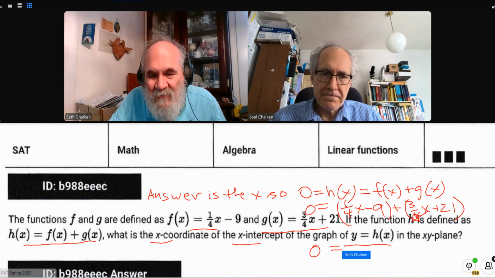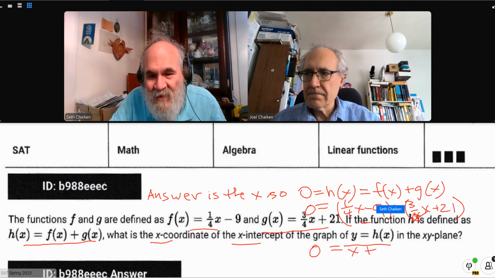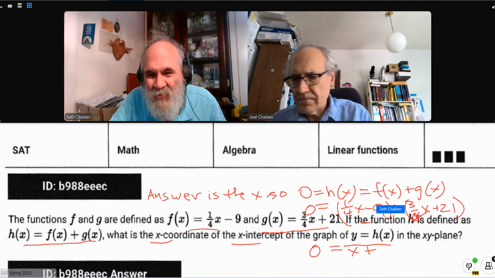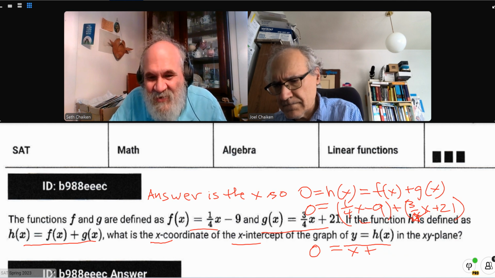0 equals, so let's simplify that. Quarter x plus 3/4 of x is 1x. And for the constants, we have minus 9 plus 21, which is 21 minus 9, which is 20 minus 8, which is 12.